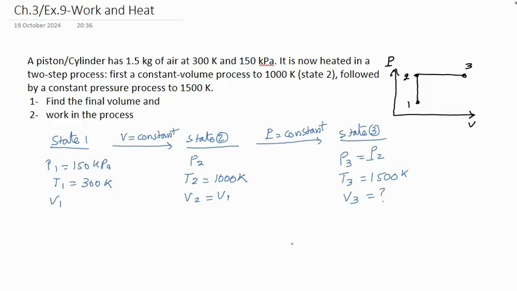Because this is an assumed ideal gas, we can use the ideal gas law ratio between state 3 and 2. Because this is a constant pressure process, if we divide these two relations, the pressures will cancel, and the mass and the ideal gas constant will also cancel.